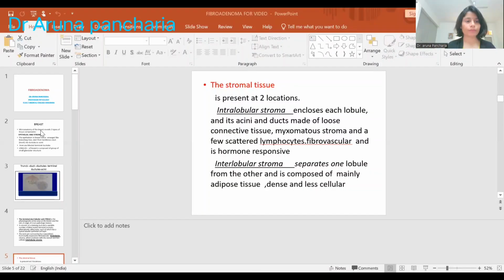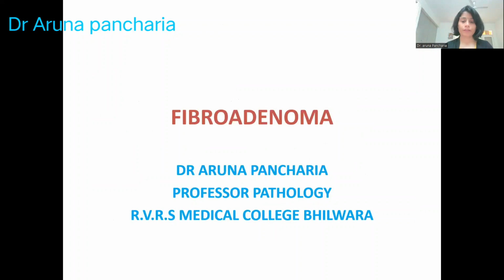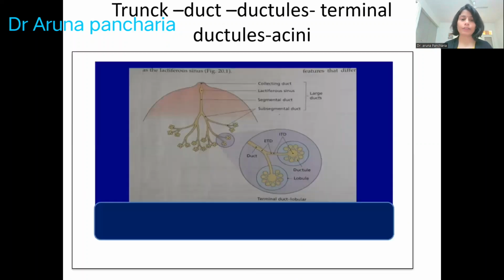I'm telling you a few more points so that you can better perform in your viva about the breast. The breast tissue is composed of two parts, epithelial and stromal. The epithelial tissue is like a branching tree-like structure, and we can compare the trunk with the lactiferous duct.